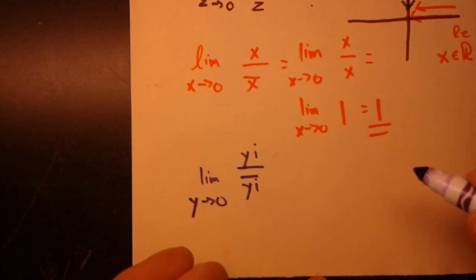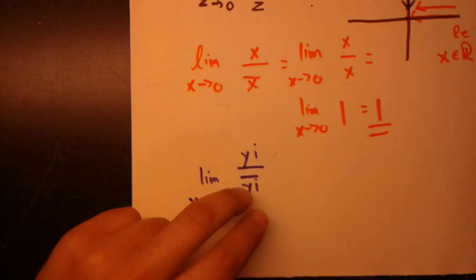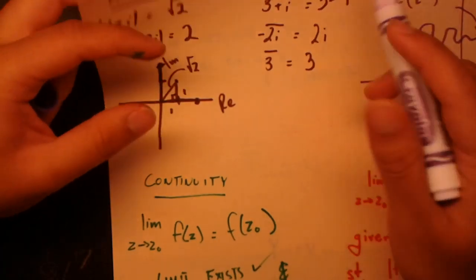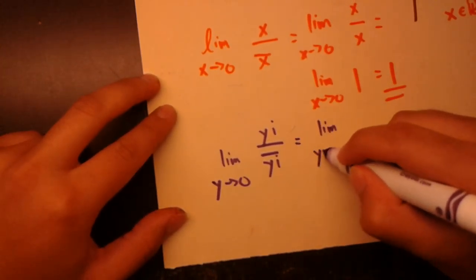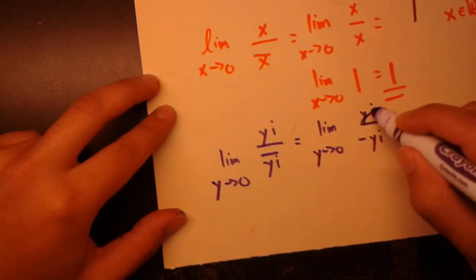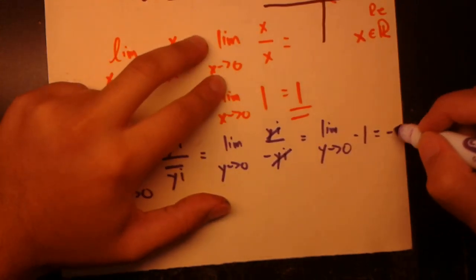So then what are we going to need to do? What is yi bar? Since we have a purely imaginary number, like we did here, where the conjugate of negative 2i is just 2i, we just flip the sign. So it's going to be the limit as y approaches 0 of yi over minus yi. And we cancel out the yi, which equals the limit as y approaches 0 of minus 1. And that is just minus 1.